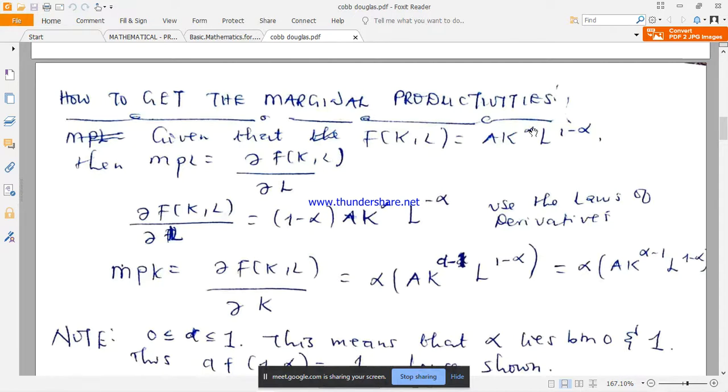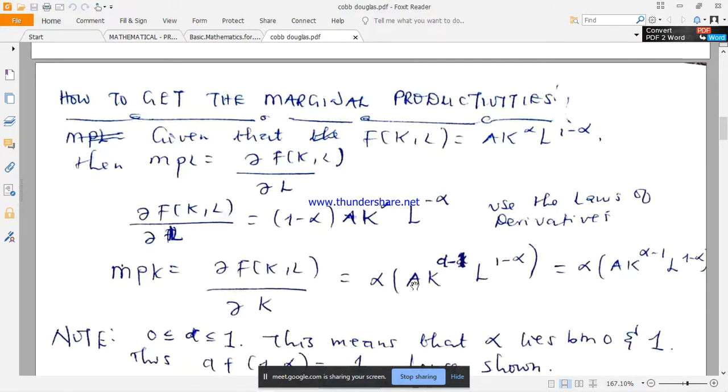So what I'll do is this. I will say the exponent of capital times this thing. The exponent of capital is alpha, so I'll say alpha times capital to the power alpha minus 1, then labor to the power 1 minus alpha. I'll keep this as it is because I'm finding the derivative with respect to capital, so labor is kept constant.